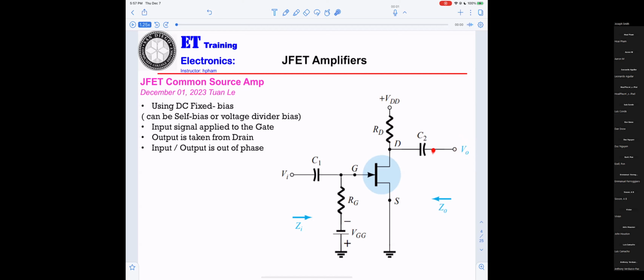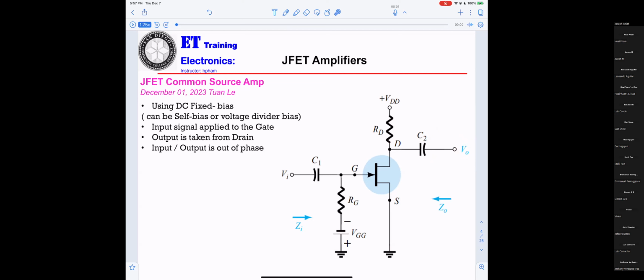So that's why you need capacitor C2. Same thing: DC blocking and AC coupling. Okay, so if you get any questions, just let me know.